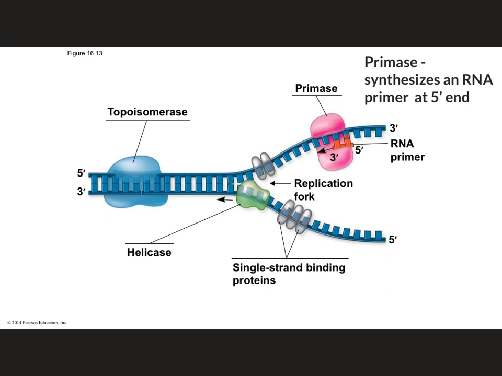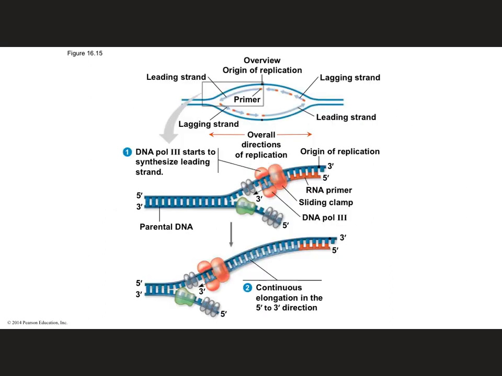This primase is necessary because it's going to lay down an RNA primer, and this is going to be important for our next enzyme that's going to play a role in this. So the next enzyme that we're going to see play a role here is DNA polymerase 3. And DNA polymerase 3 is going to start synthesizing the strand after the RNA primer is made.